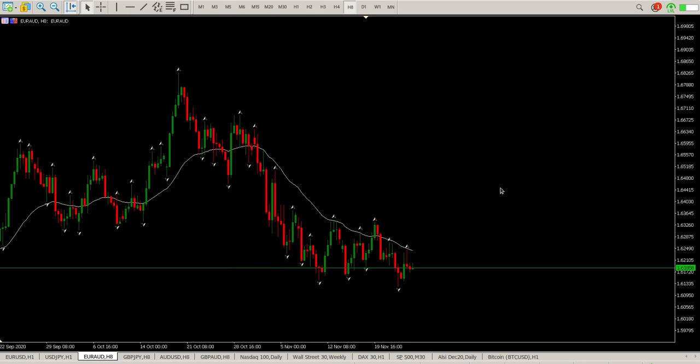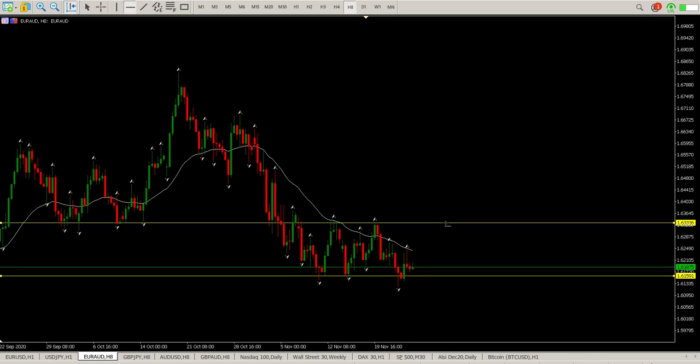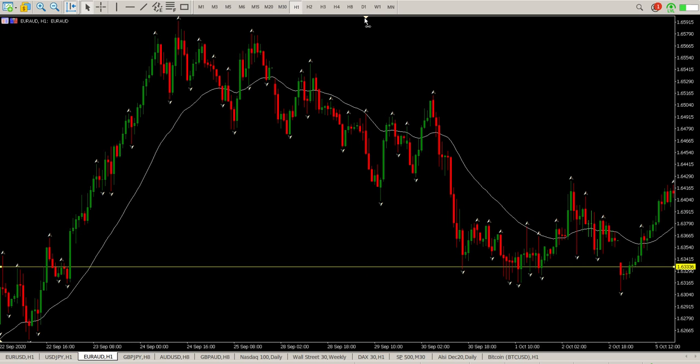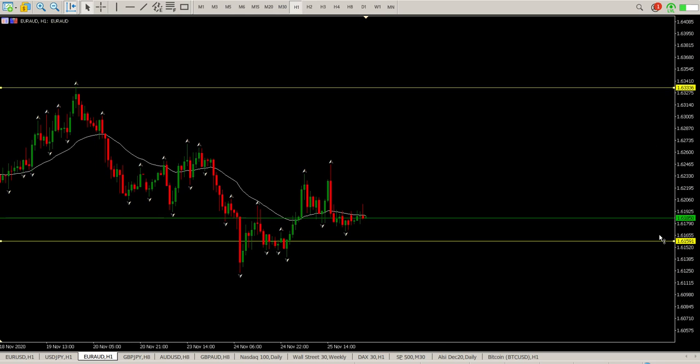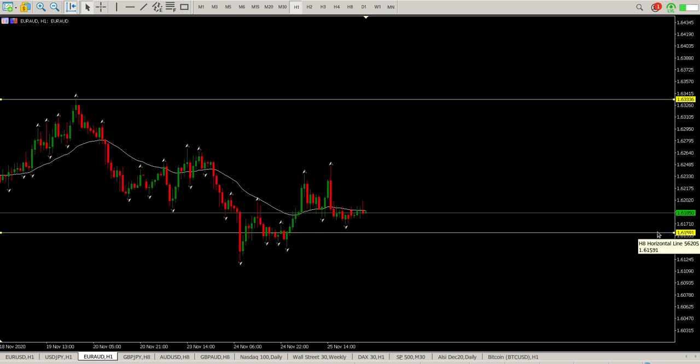If we look at Euro Aussie dollar, we've been going sideways, and I think it's important to just understand there's our range. We are bottom of range. I don't like trading ranges, so nothing here for me at the moment. And again, look at the moving average.